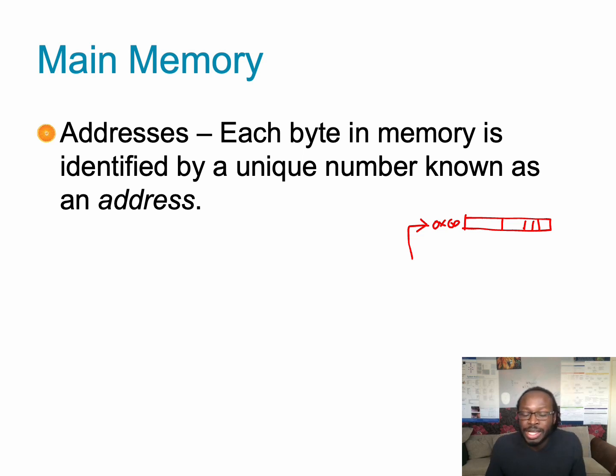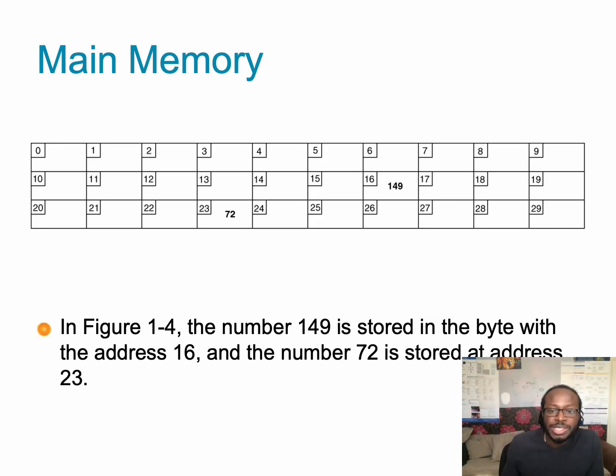Each memory has its unique address, and each bit has its unique address as well, that you can access. If we take a typical example, if you consider this as memory cells, this particular data, 144, is stored in address location 16 that can be accessed.